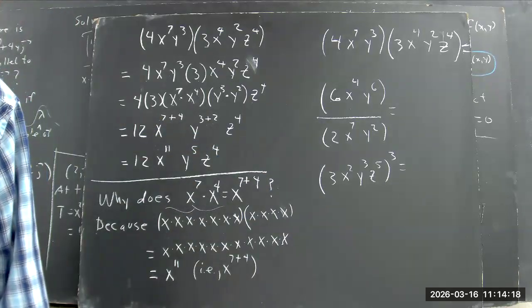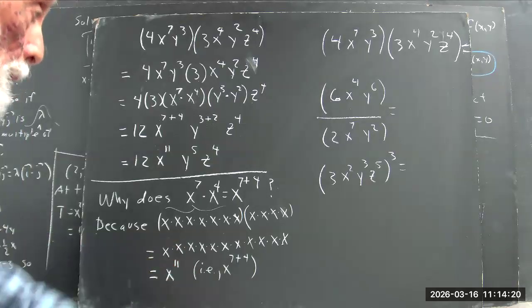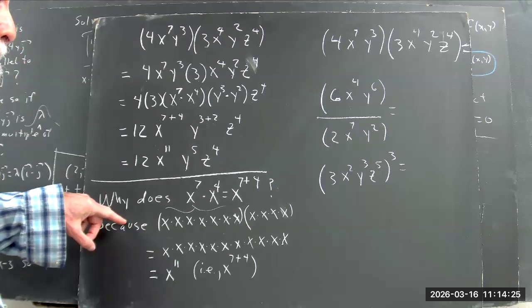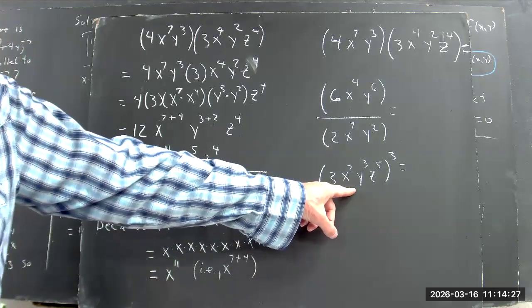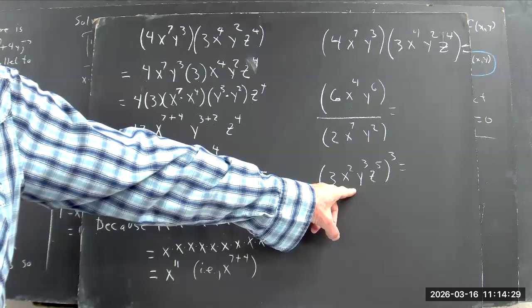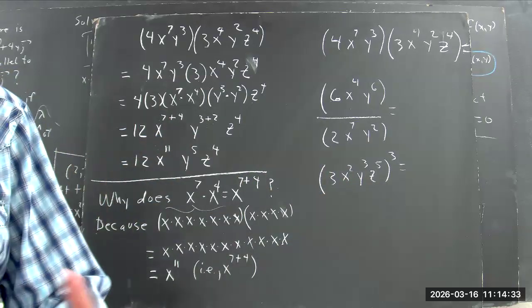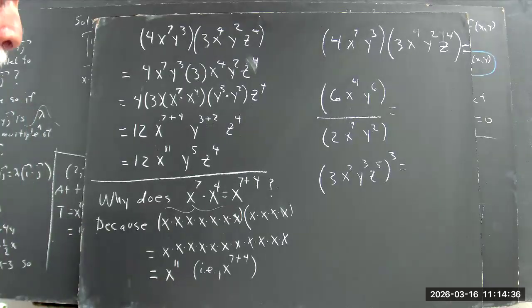Okay? You want to remember that because it's real easy to confuse this rule with the rule you're going to use on the third problem, where you're going to have to multiply the exponents, and you want to understand why you multiply the exponents.